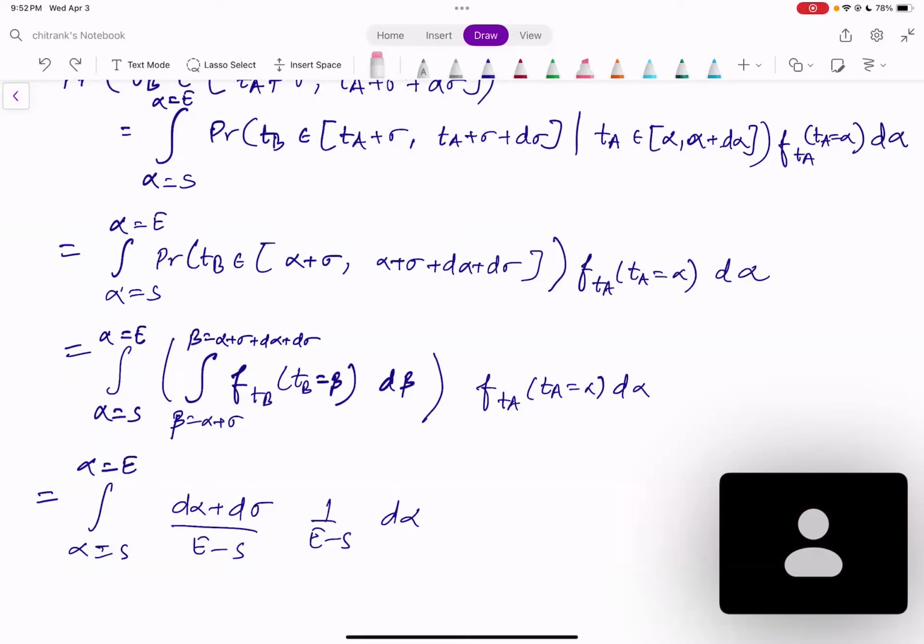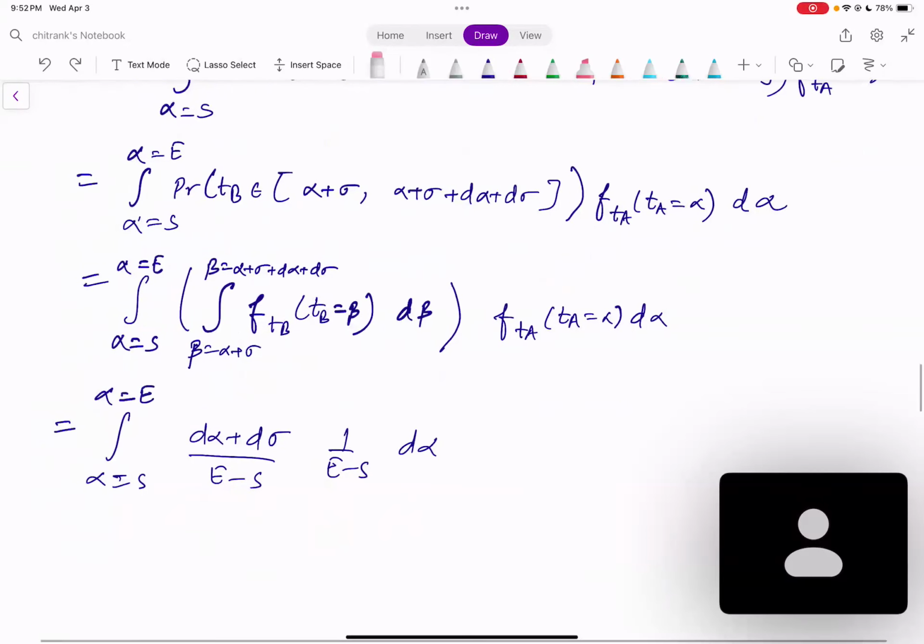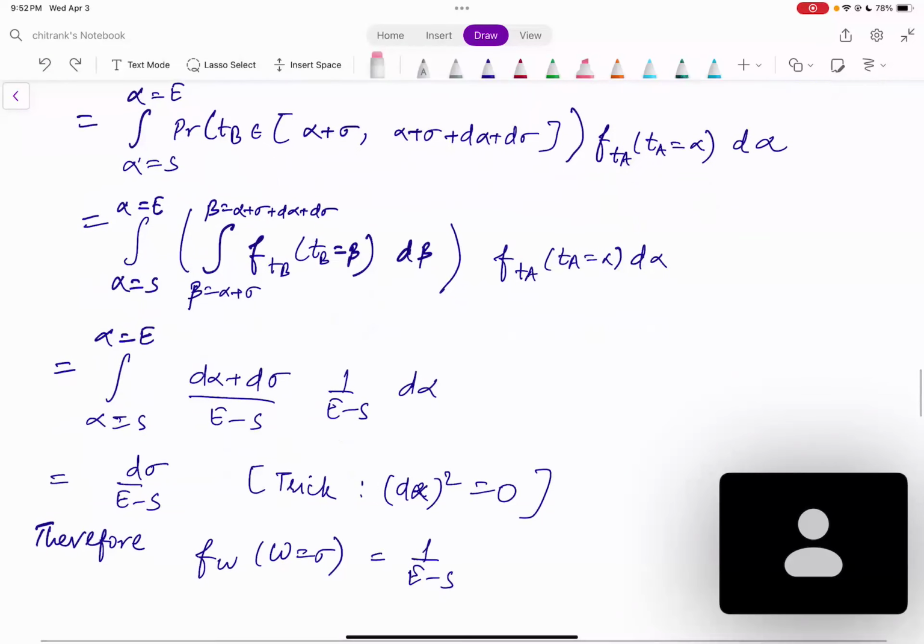That is what I did in the inner bracket, and then I multiplied it with the rest, which is the same. With simple arithmetic, what you get finally is the thing that you can see. Then on further solving the outer integration, you get d sigma divided by E minus S. Remember, I also substituted the density function of TA with 1 upon E minus S, because TA is uniformly distributed between S and E.